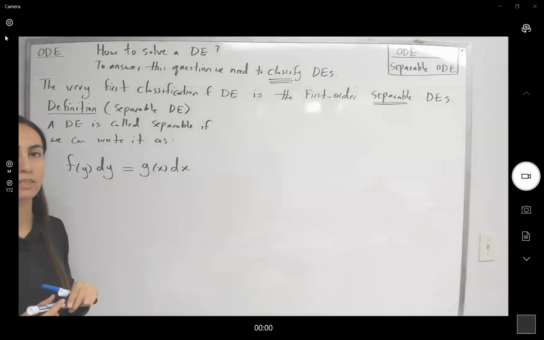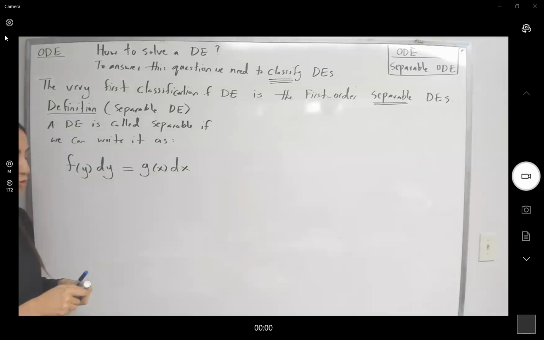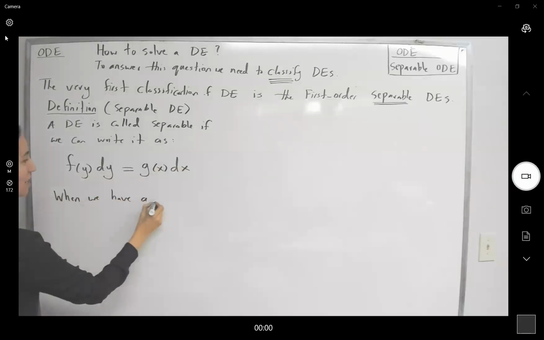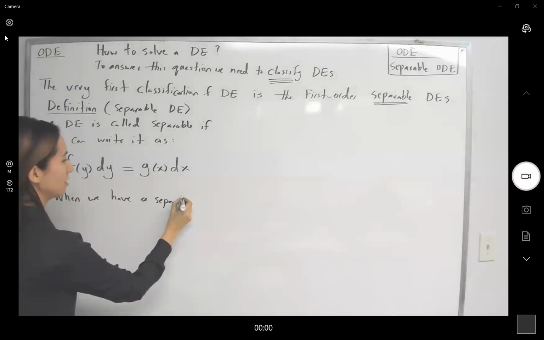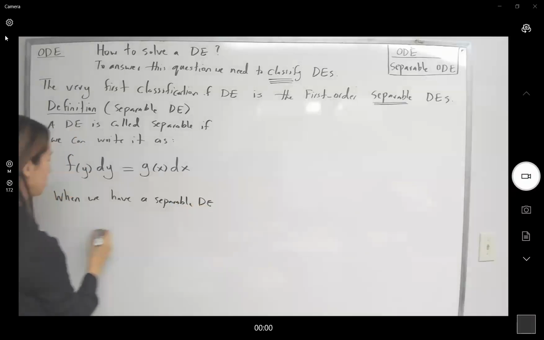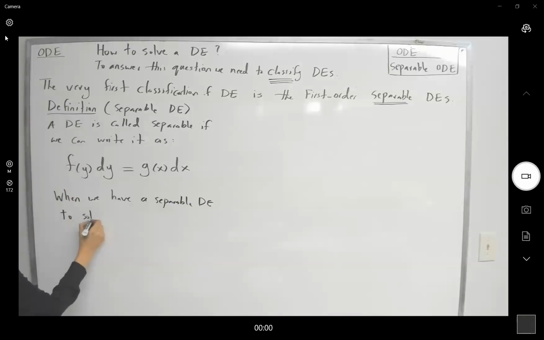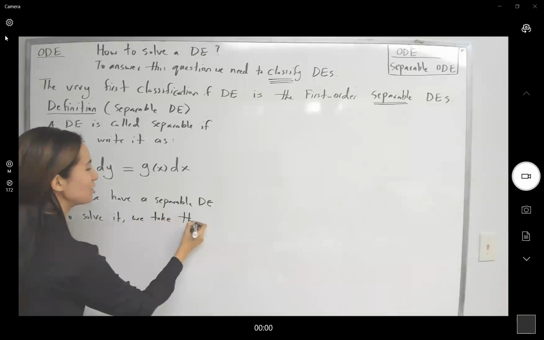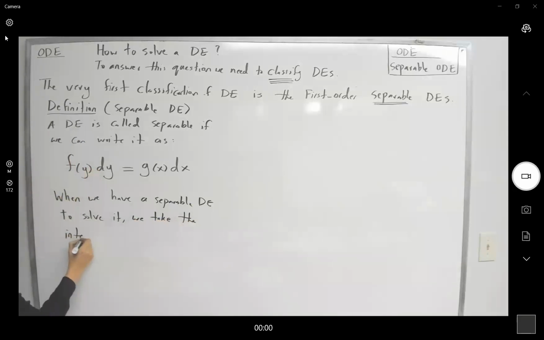So when it's separable, how can I solve it? What is the solution? When we have a separable differential equation, to solve it, we take the integral of both sides.